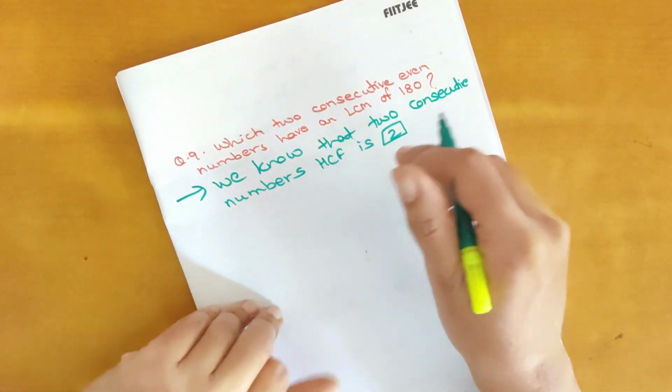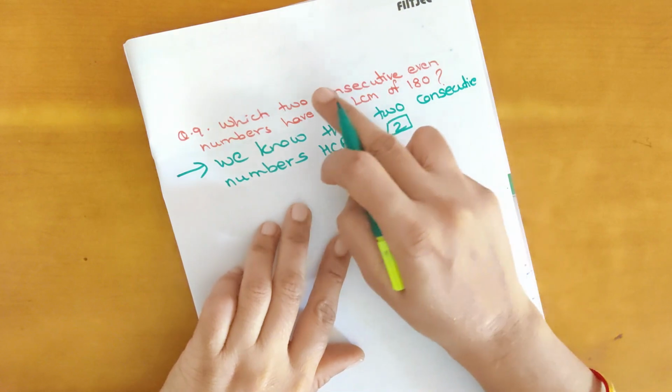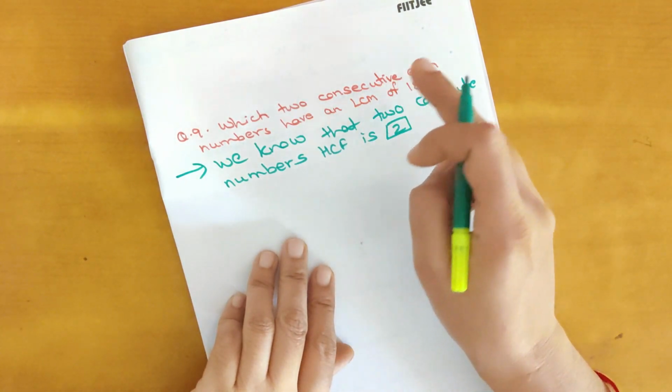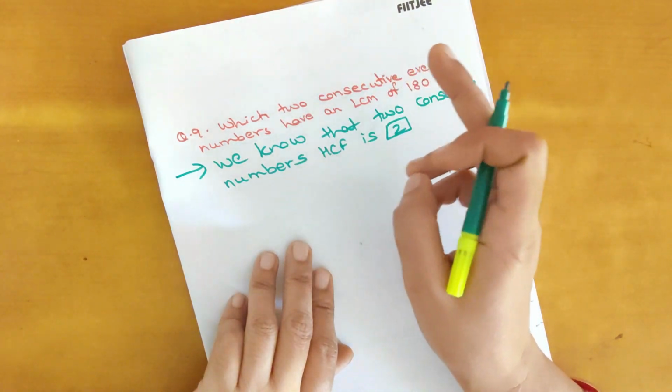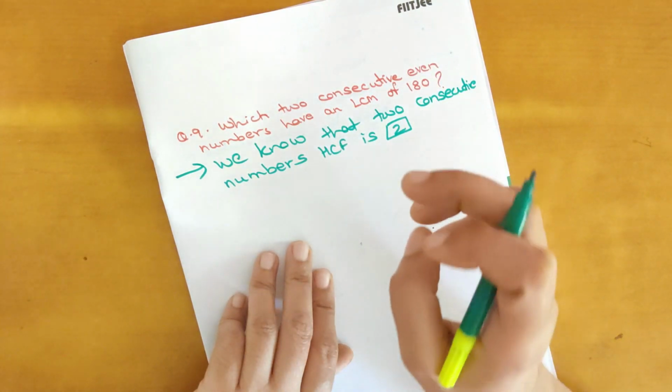Here we got the HCF 2 because two consecutive even numbers have the HCF 2. If they are two consecutive odd numbers, then the HCF will be 1.